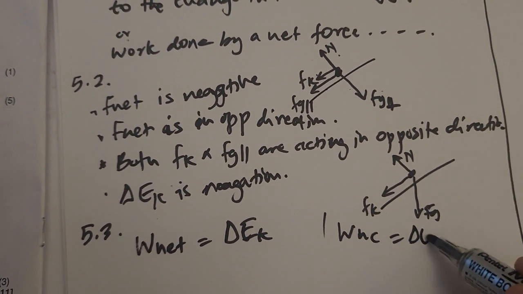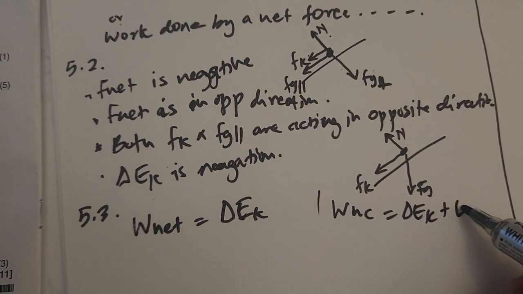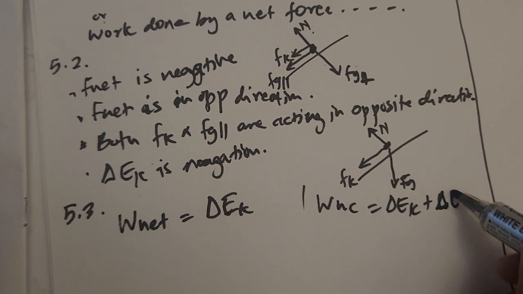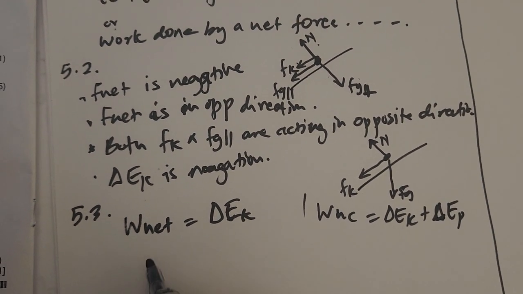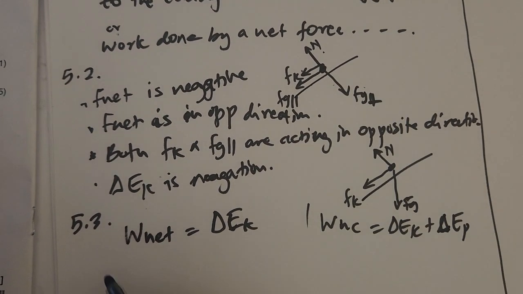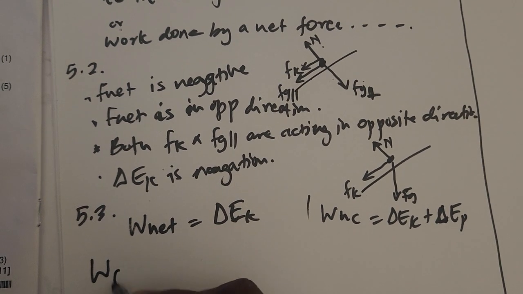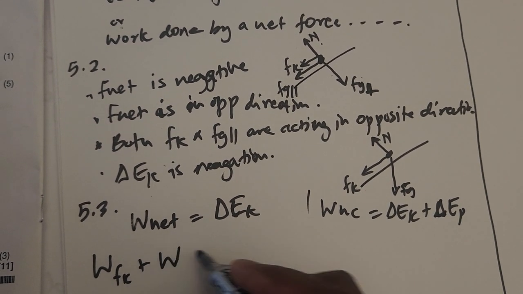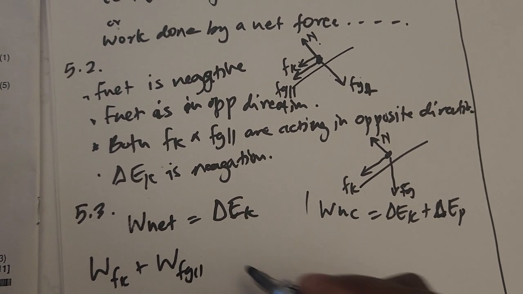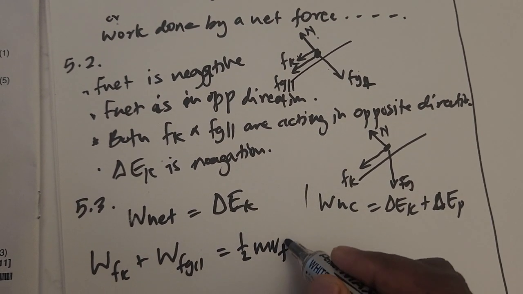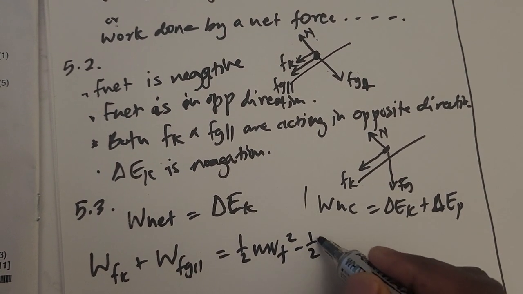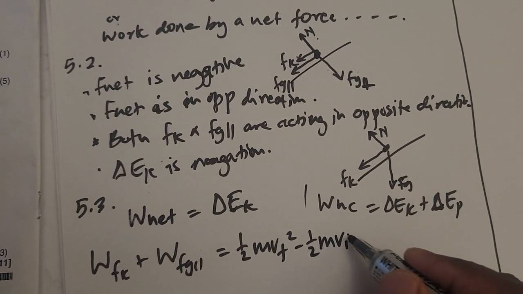Remember, they both will give you the same answer as long as your interpretation is correct and spot on. Now in this case, which forces are doing work: the work done by friction plus work done by FG parallel equals half m vf squared minus half m vi squared.